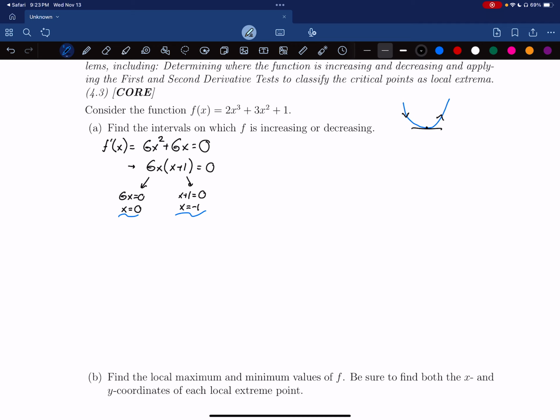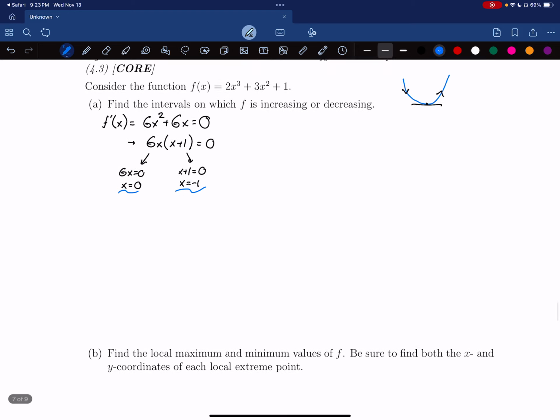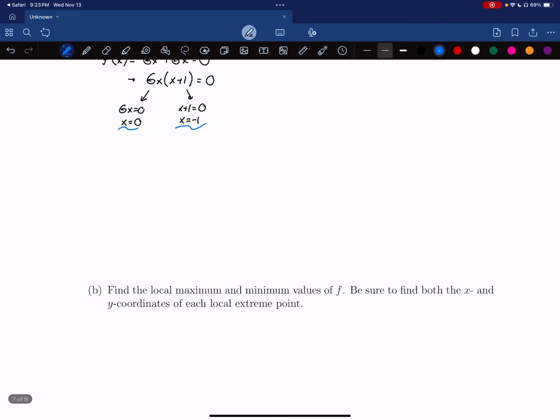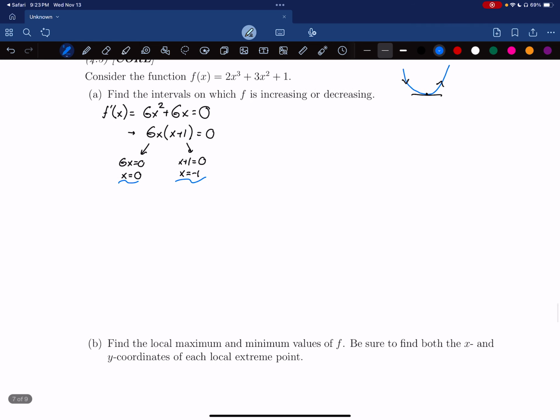So the next step is to draw a sign chart. It may seem every now and then to be a little unnecessary, but I promise it's super helpful. Even in future classes you'll take, like differential equations, I've had to make sign charts, so it's good to get used to it pretty quickly. Just draw the general line for that. What I'm going to do is mark the critical points in red. 0, and we'll have negative 1.